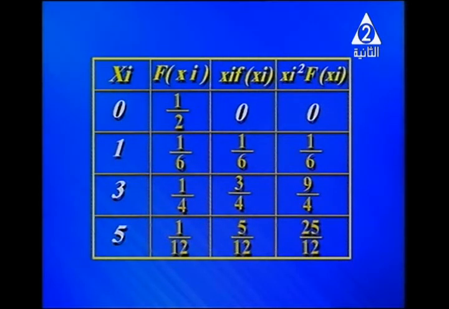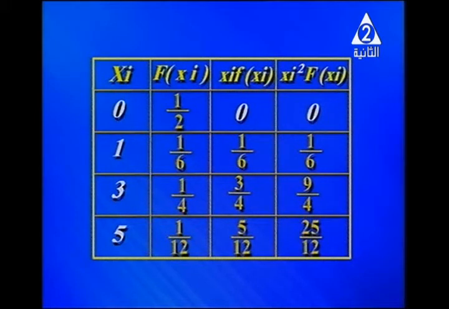The first column is from the given values of xi: 0, 1, 3, 5. The second column, f of xi, is given: 1/2, 1/6, 1/4, 1/12. Then xi multiplied by f of xi, first column times second column, equals 0, 1 over 6, 3 quarter and 5 over 12.